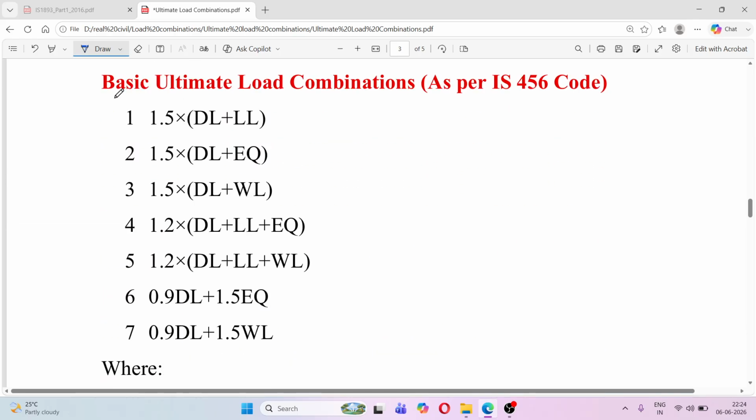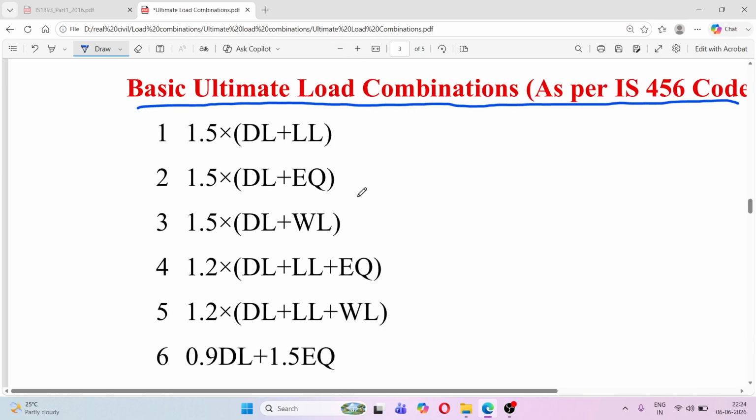So, basic ultimate load combinations as per IS 456 code. There are basically 7 load cases. The first one is 1.5 times dead load plus live load. Second case, 1.5 dead load plus earthquake.